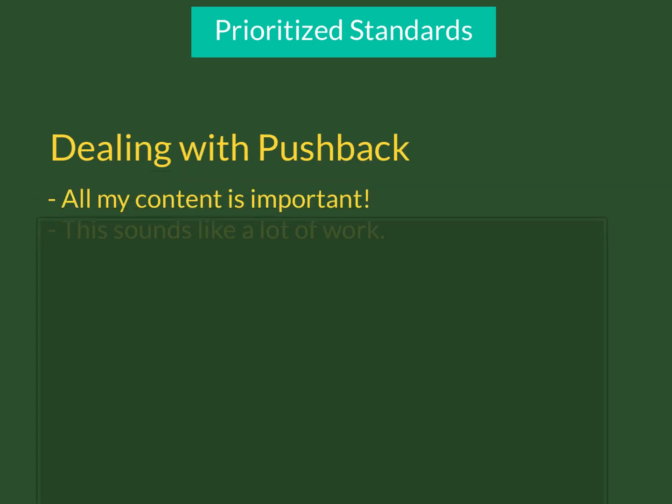Pushback: all my content is important. Of course it is. I know that's why you've delved into it in your own studies and you love it and you think it's all super important. But the reality is it's not all as important as the others. In my own opinion, I'll just put my little opinion hat here: if I'm a language arts teacher, conventions are important, but they're not as important as understanding how to convey a message.